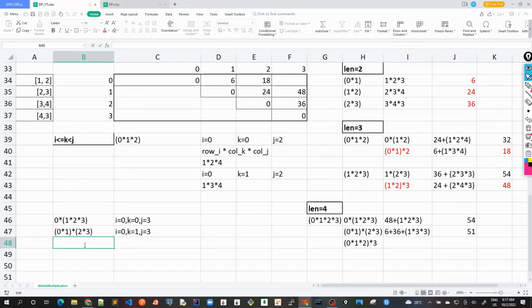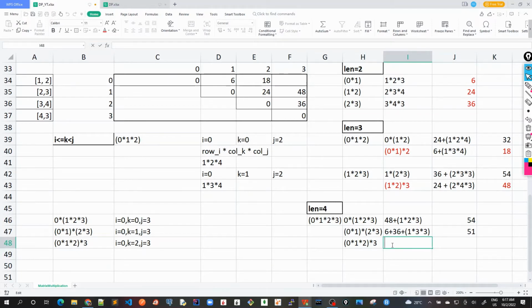So if we break down this matrix like this, this would be our final case, because after this iteration k would be equal to 3, and we don't want to go there because k should be less than j. Okay, so let's use this formula. 0 1 2, I think we have already solved it here.